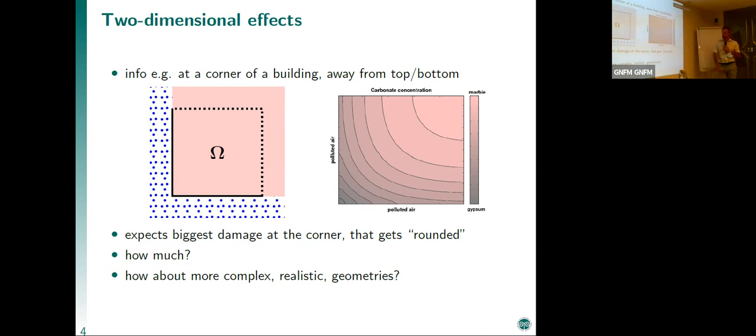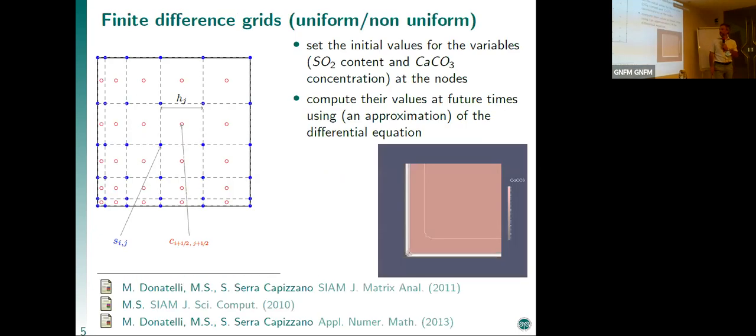So in these kinds of situations, performing numerical simulations on the real geometries can give you quantitative information on how much gypsum is forming here, and for example, how much this corner will get rounded under the action of rain or other effects taking away the gypsum from the surface.